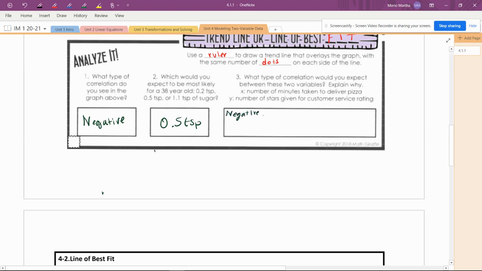The longer you take to deliver a pizza, the fewer stars you will have, the fewer good reviews you would have.